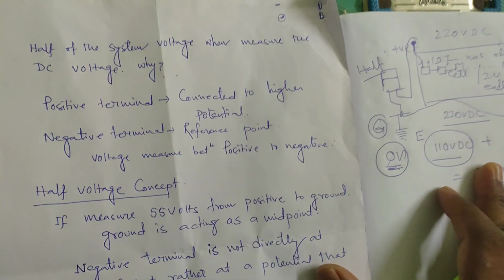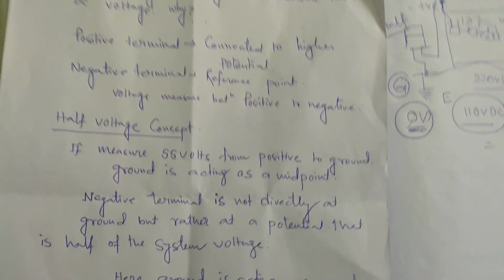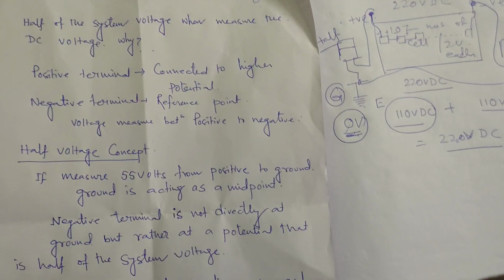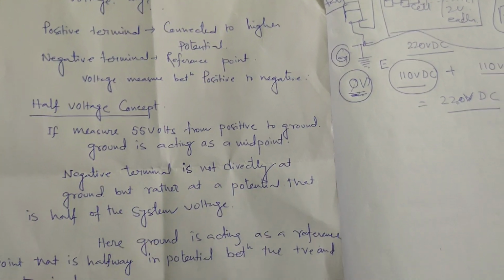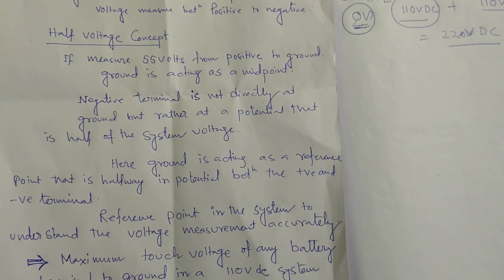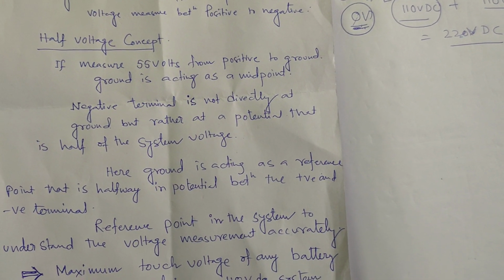So this is the main concept of why we get half of the voltage: the potential has been divided between the positive and negative terminals.